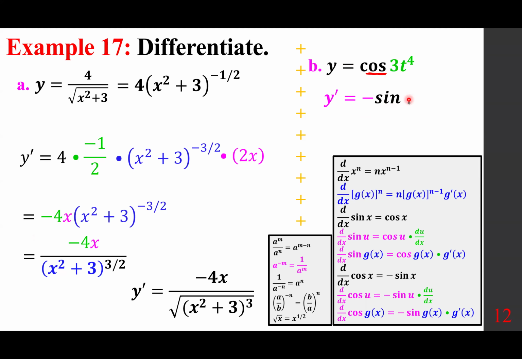It must have the same argument, and it does, 3t to the power 4. Finally, now I go with the chain rule and say, well, because this is not t, it's a function of t, the chain rule tells me I have to differentiate that, 12t cubed, and we put it in front, and y prime becomes negative 12t cubed sine of (3t)^4 as the final answer.